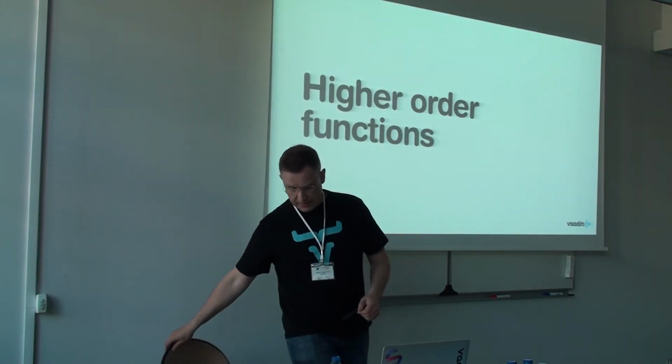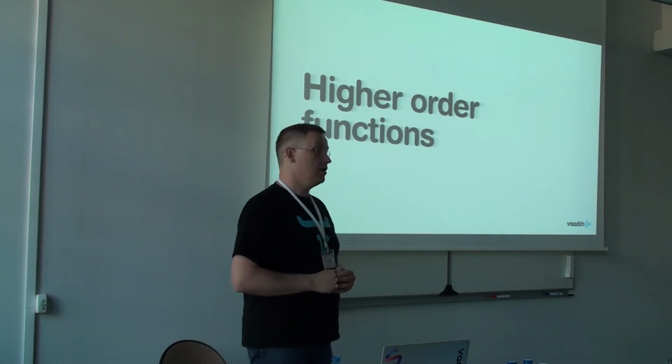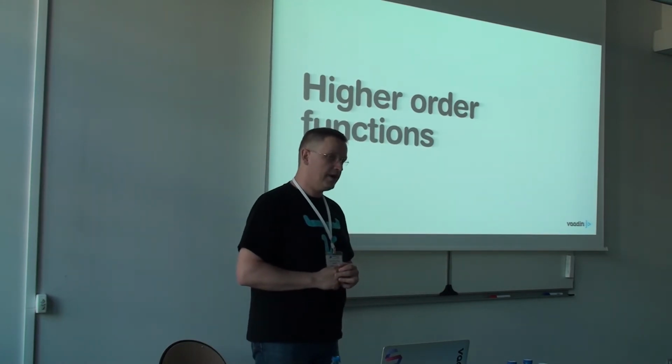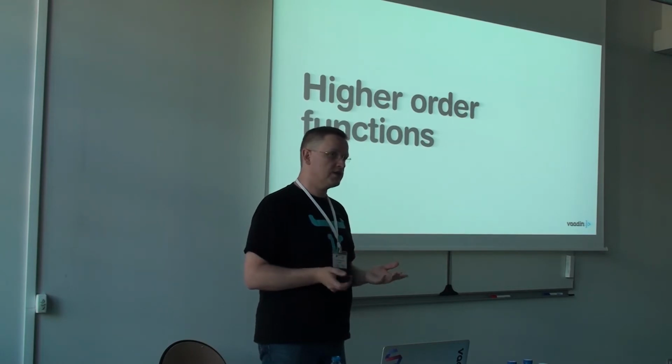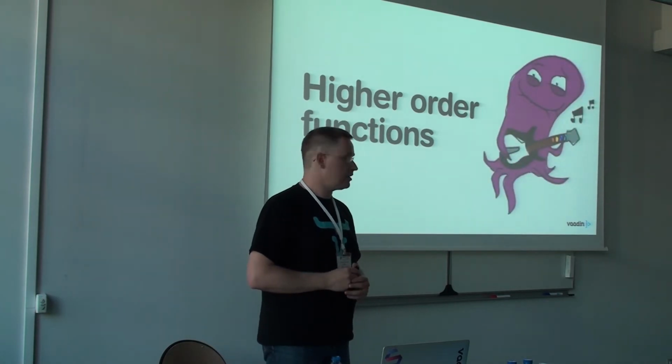So the next big thing, or the other big thing regarding functional programming, is higher order functions. I want to visualize this, and I did a Google search about what a higher order function is, and this is what you get.